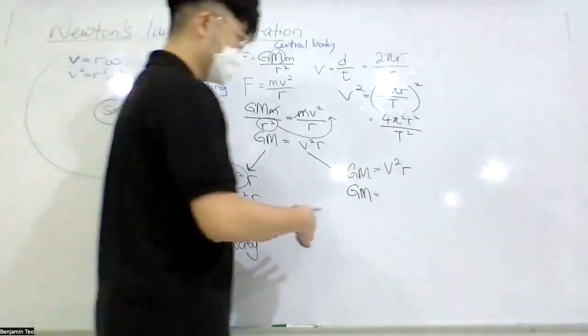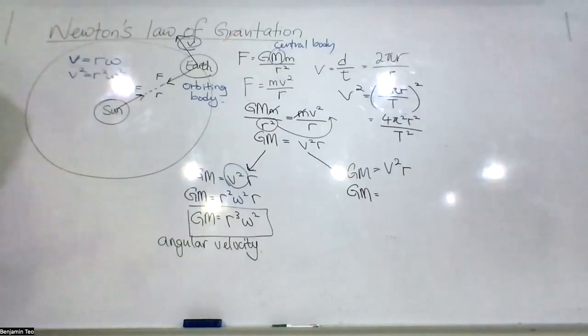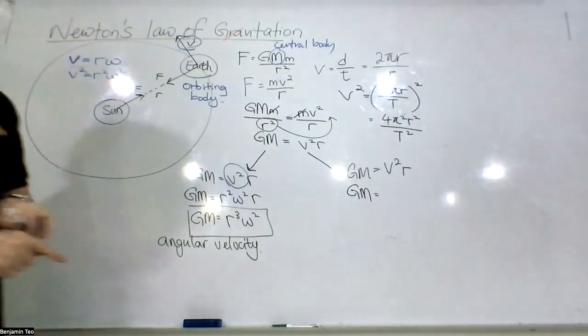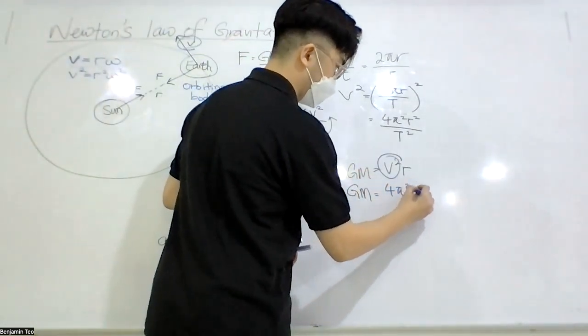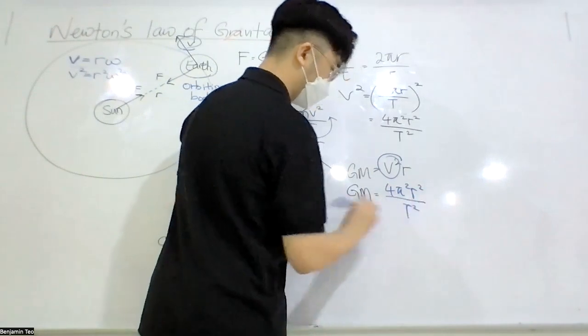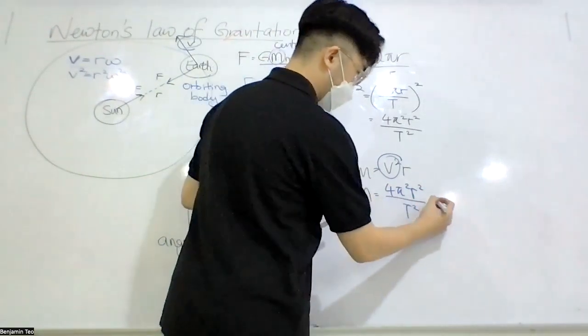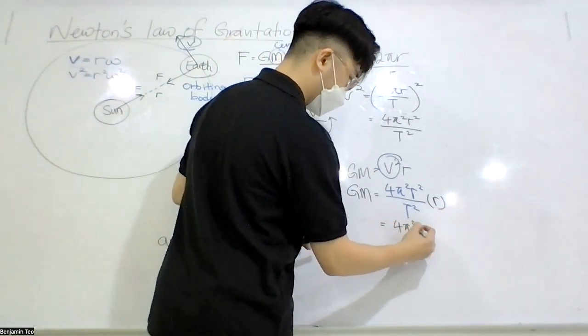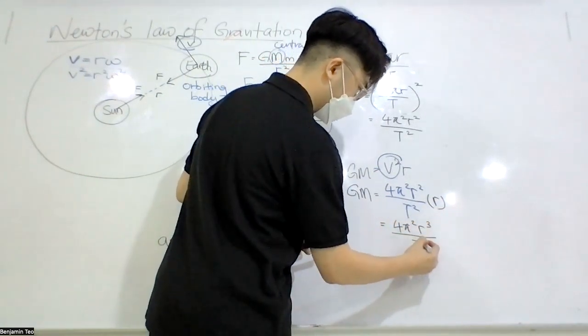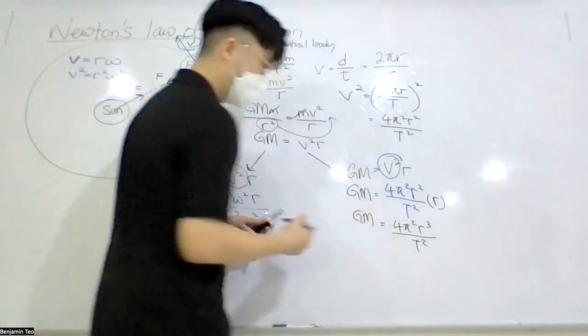Putting it in, we get 4 pi squared r cubed over T squared equals GM.